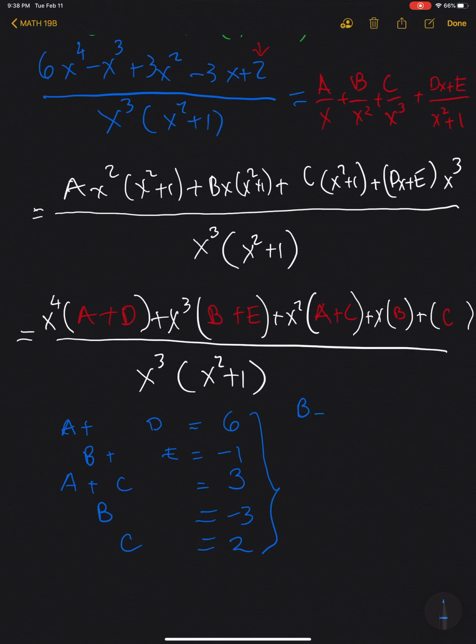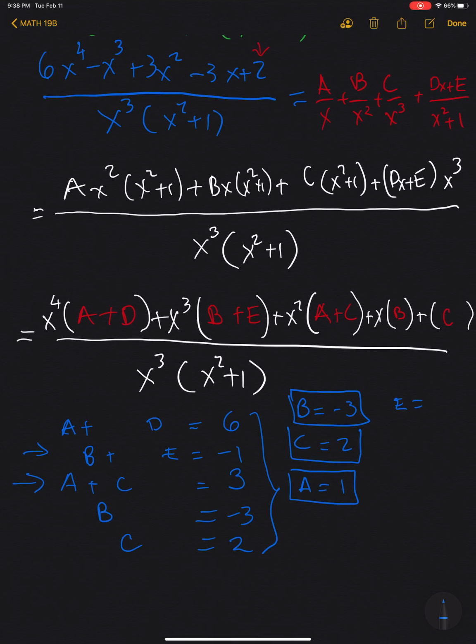So I have that b equals -3. That's from one of the equations. I also have c equals 2. That's another equation. From those values, I can find, for example, the value of a over here. Because I have the value of c, that gives me that a equals 3 minus c. That should be a 1. A equals 1. Then with the second equation and using the value of b equals -3, I can find the value of e.